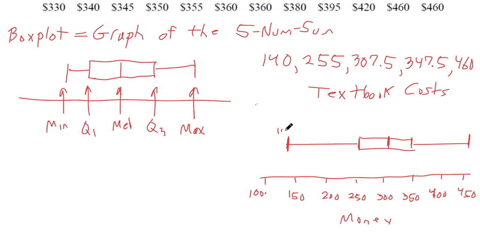So you can put numbers like 140, 255, 307.5, 347.5, and 460 above each of your slashes to make it a lot easier for the reader to know what numbers they are instead of trying to track these below and trying to see what they're on.